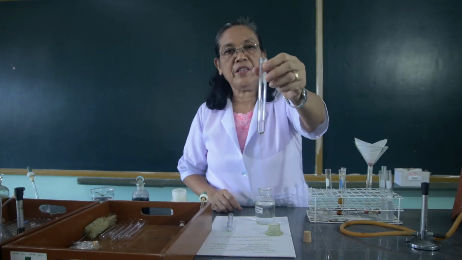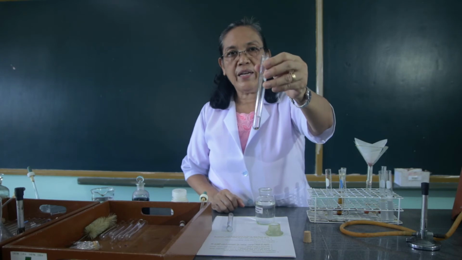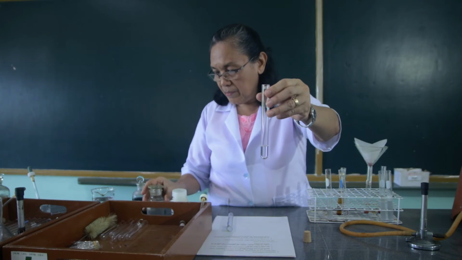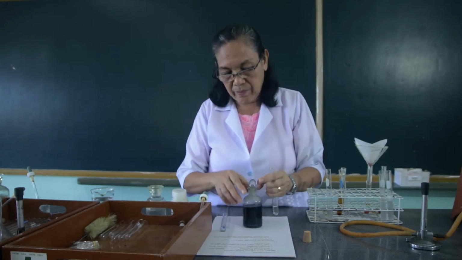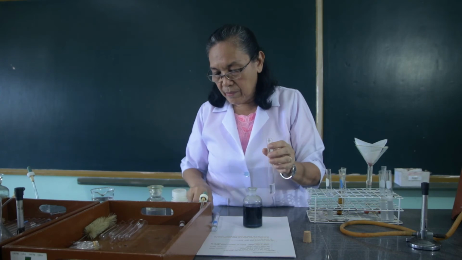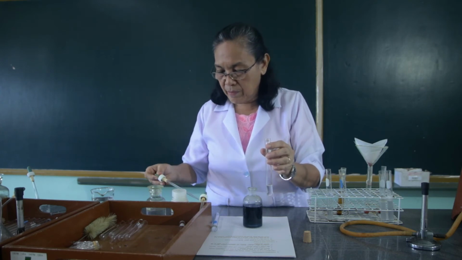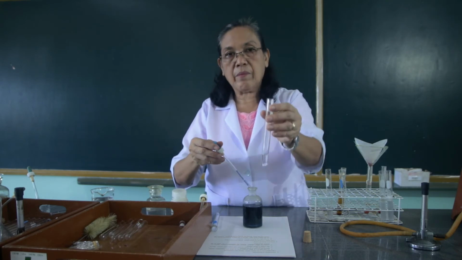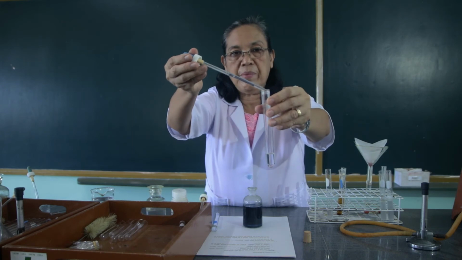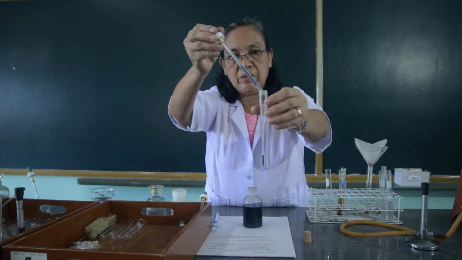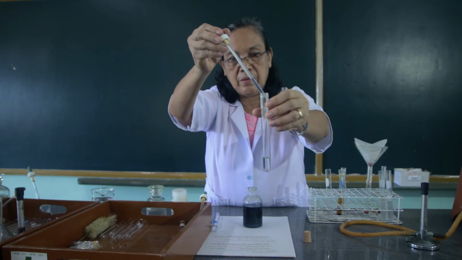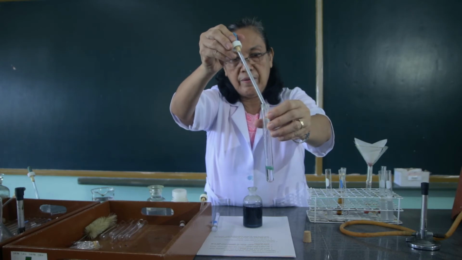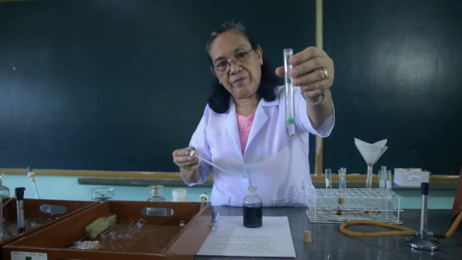To the third test tube containing the arsenic sulfide, we are going to add here chromic chloride. Let's add it drop by drop until coagulation occurs. 2, 3, 4, 5. Observe.